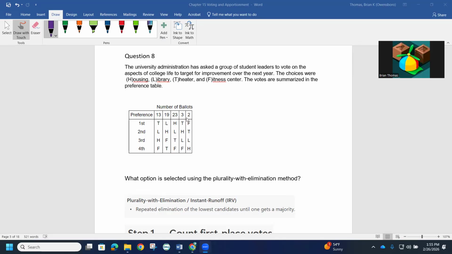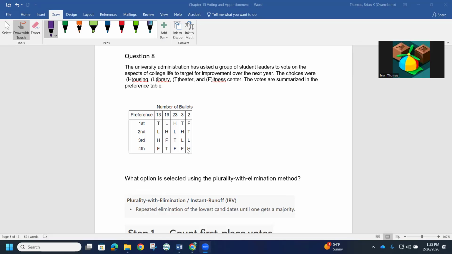Then we had three ballots that had theater, housing, library, and fitness. And then we had two ballots that were fitness and then theater, library, and housing.